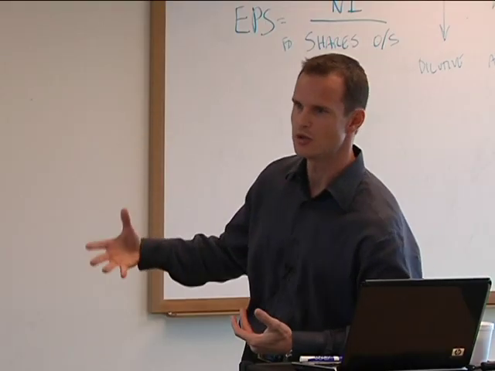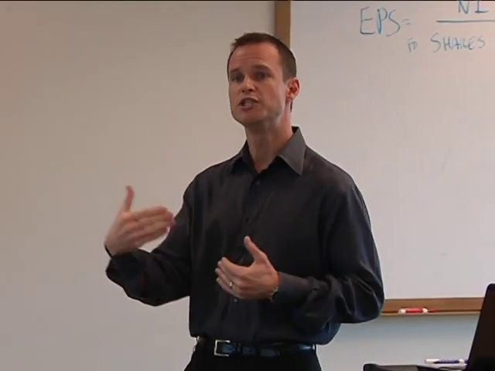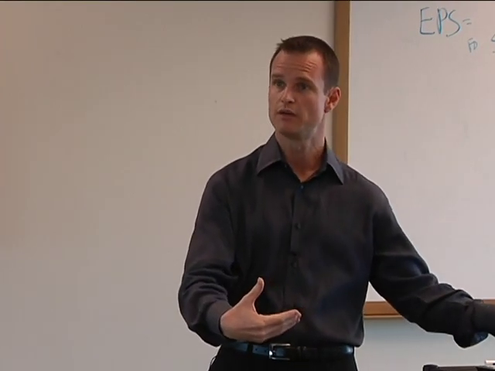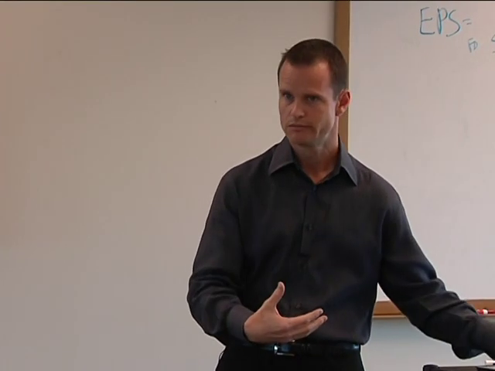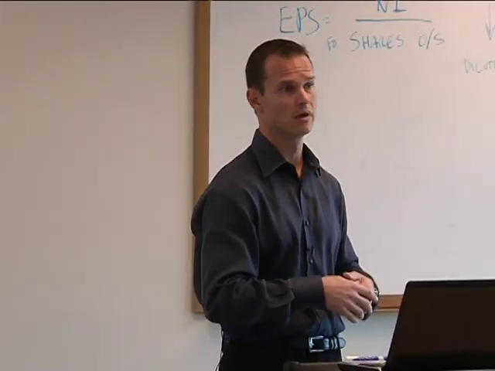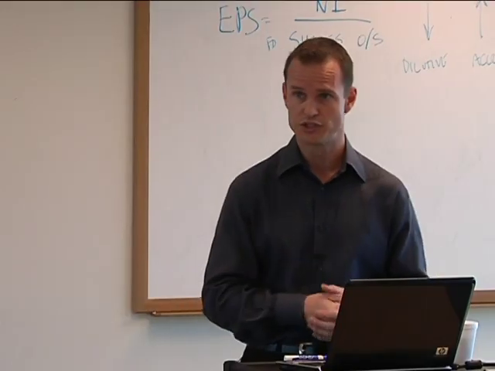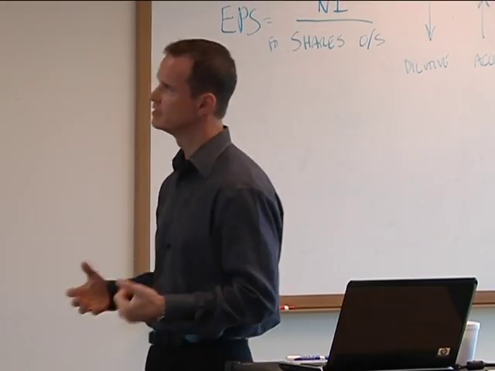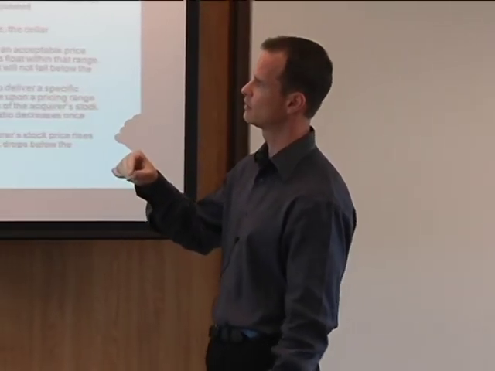And the exchange ratio basically says for every share of the seller's stock, how many shares of the buyer's stock are being offered. So sometimes it's maybe 1 share. Typically it's a fraction of a share. A half a share, 0.67 shares, 1.5 shares, etc. We're going to teach you how to calculate that in connection with our hypothetical deal.